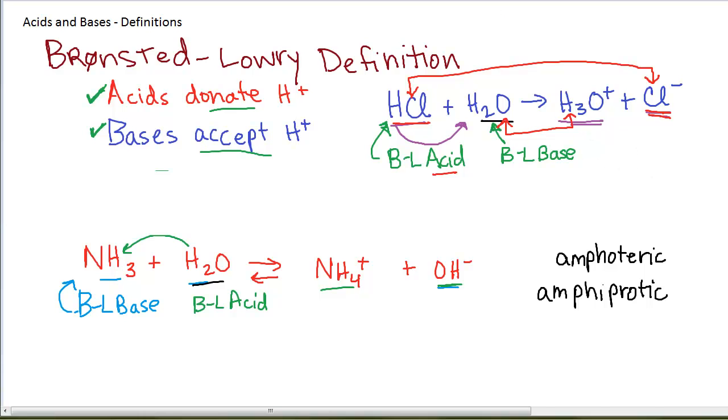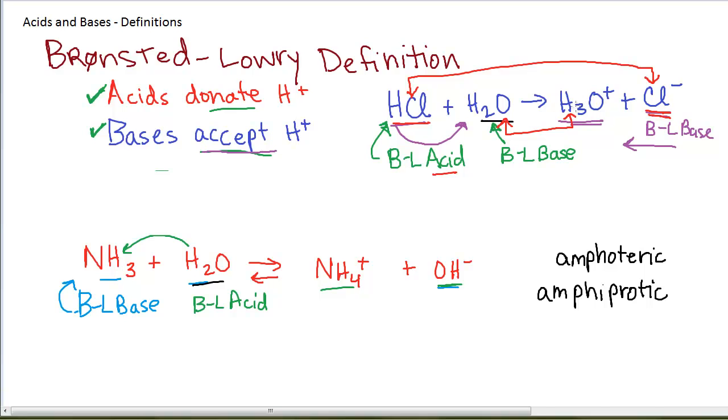If we look at this reaction in the reverse direction, because all reactions technically are equilibrium reactions, we see that the Cl-, as it proceeds from the right to the left, is accepting a proton. Who is it that accepts protons? It's the Bronsted-Lowry base. So I would label the Cl- the Bronsted-Lowry base in the reverse reaction.